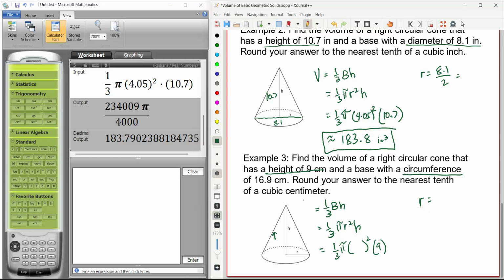All we need to do is use this formula: circumference over 2 pi. So the r is equal to the circumference over 2 pi. We put the value of c, which is 16.9. So this is 16.9 all over 2 pi. There you go. So let's divide 16.9 by 2 pi.